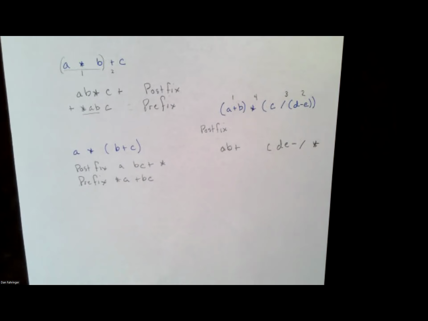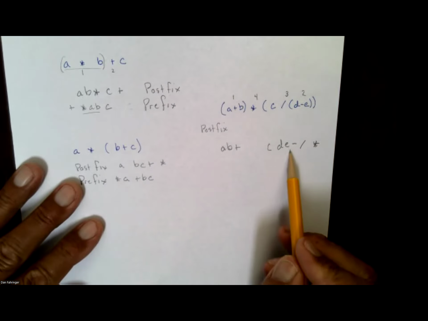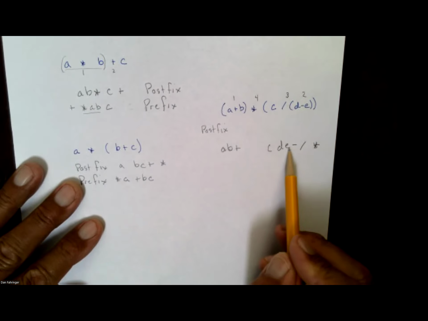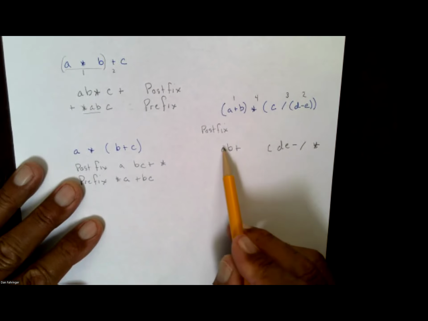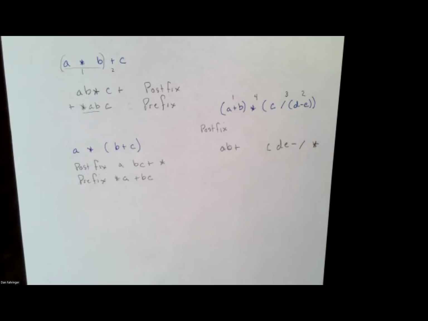AB plus, CDE minus slash divide. So the DE and minus go together. The C divided by DE minus goes together. This first term times the last term.